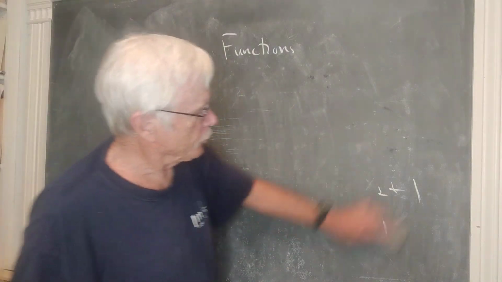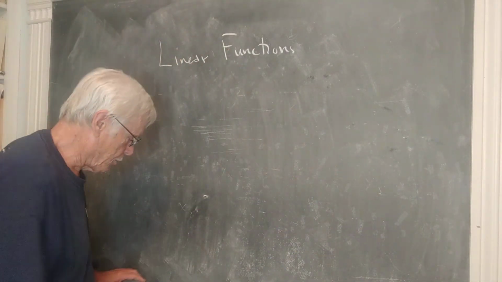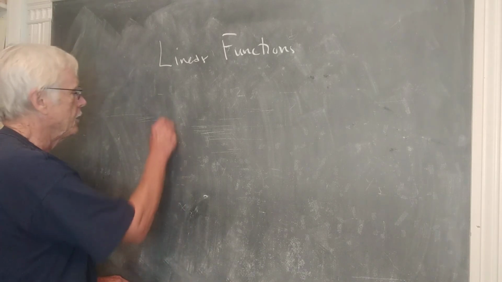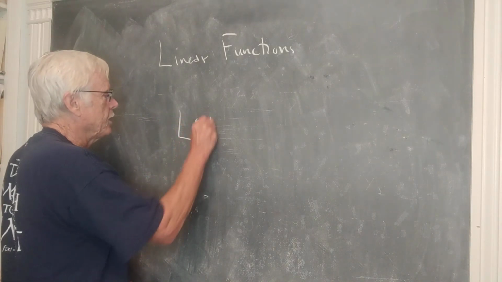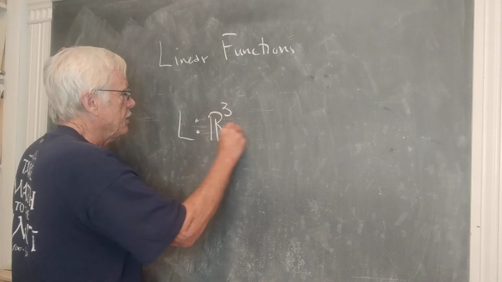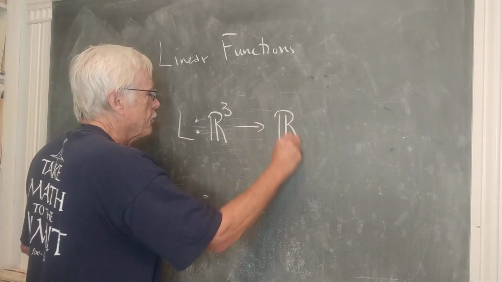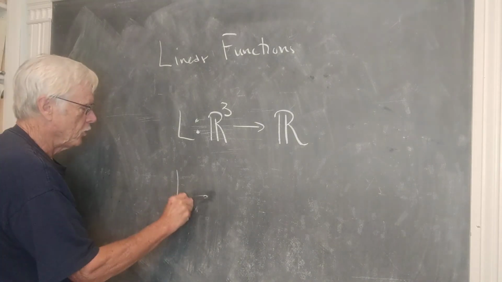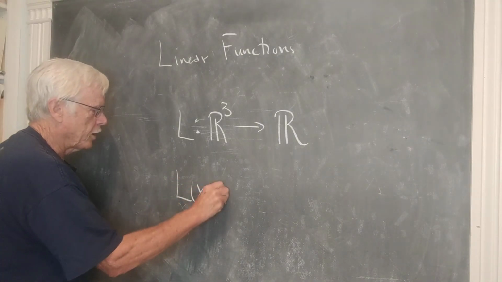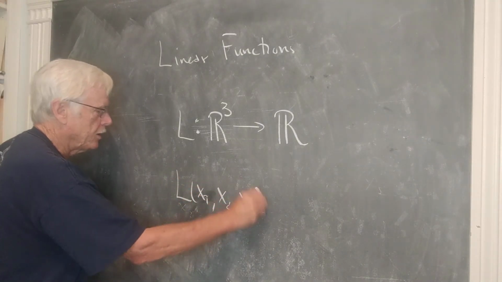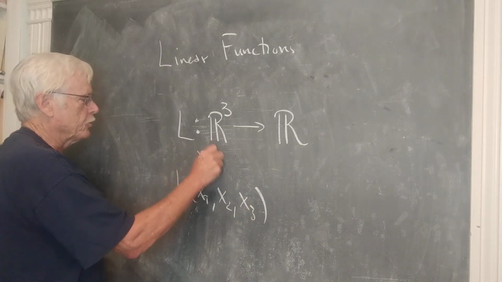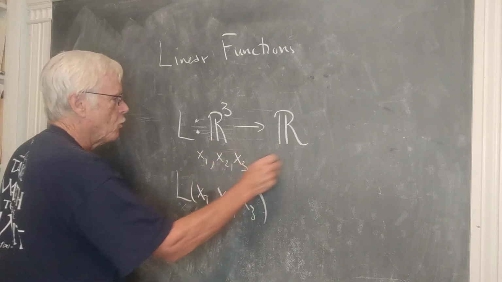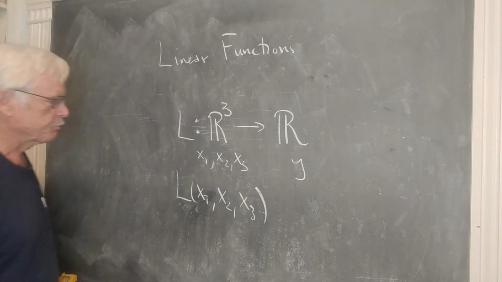Let's take a brief excursion into higher dimensions. We could take a linear function from R3 to R. So L of x1, x2, x3, 3 domain variables, 1 range variable.